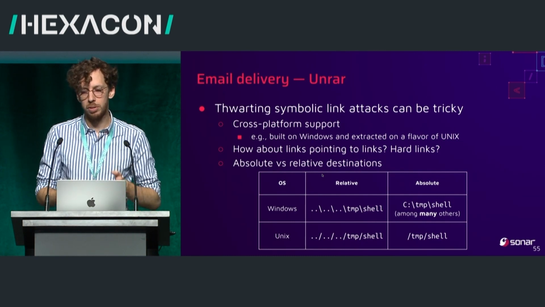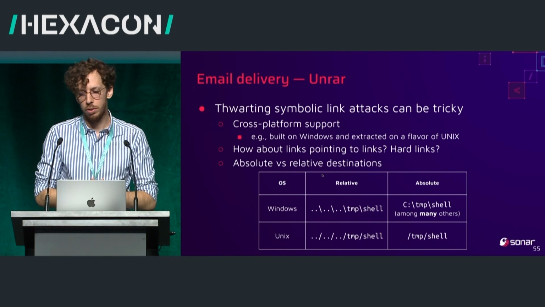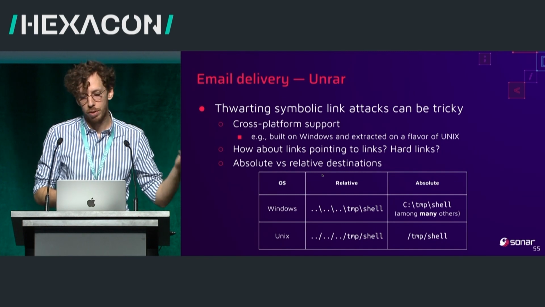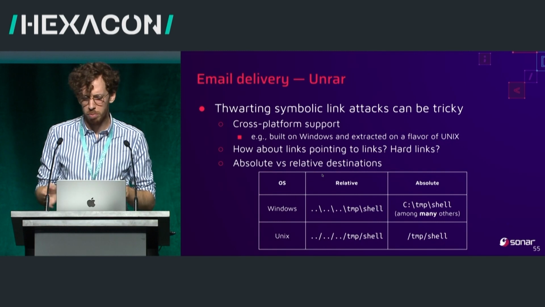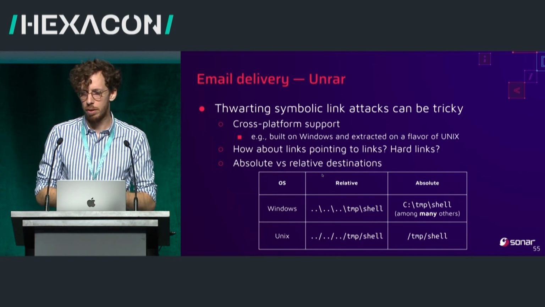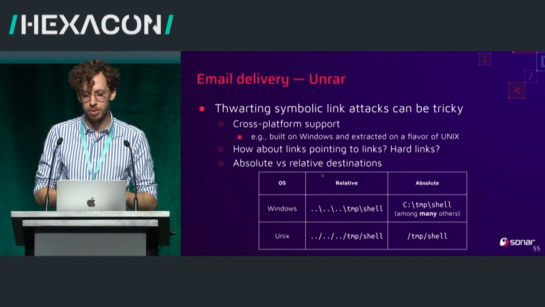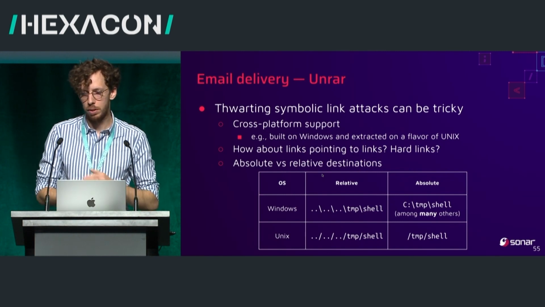For relative stuff, it's fairly easy on Windows and Linux; it's just different, backslash and slashes. But for absolute destinations, in Windows, you have the drive letter. It could be some SMB share somewhere. I also know there is some crazy stuff with NTFS and fake virtual drives. For Unix, it's a bit simpler, but there's still a lot of hidden complexity in trying to avoid that kind of attack.